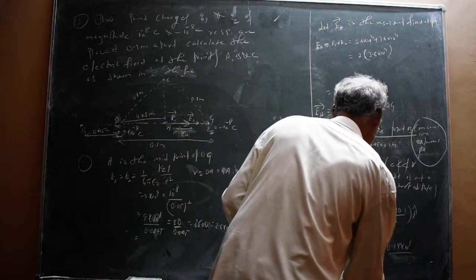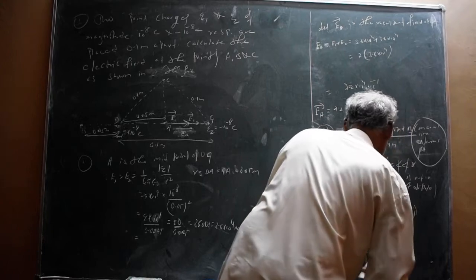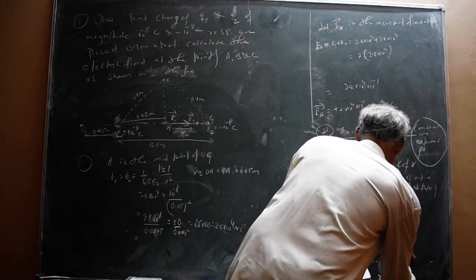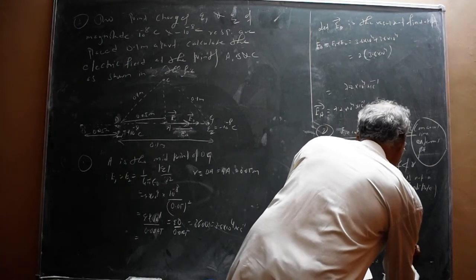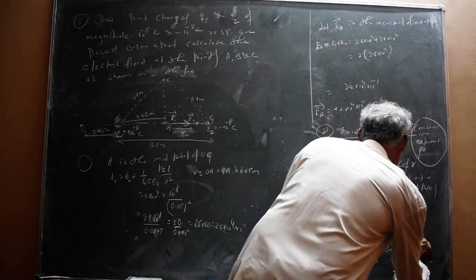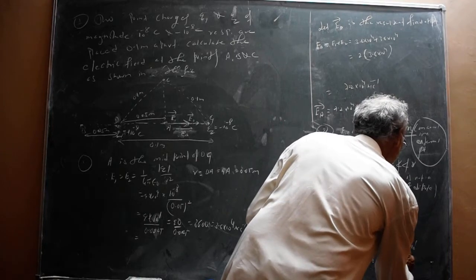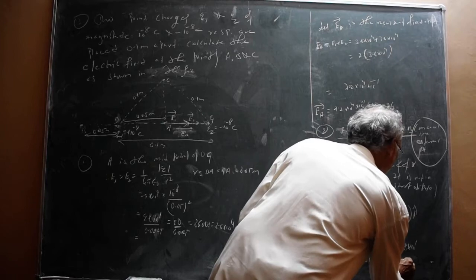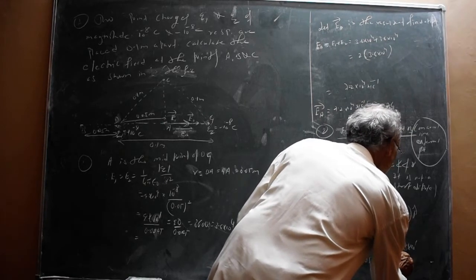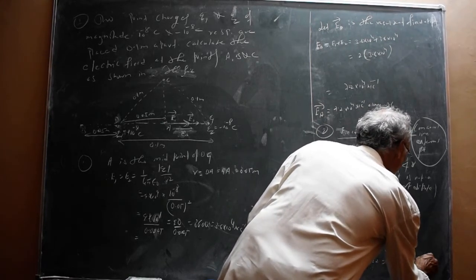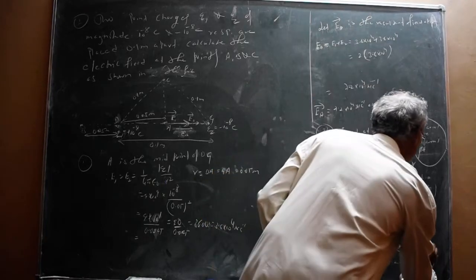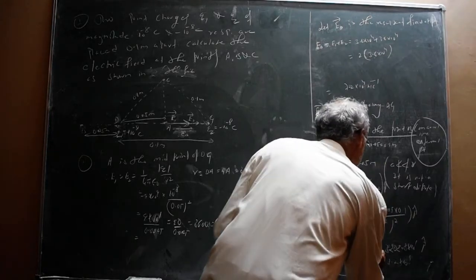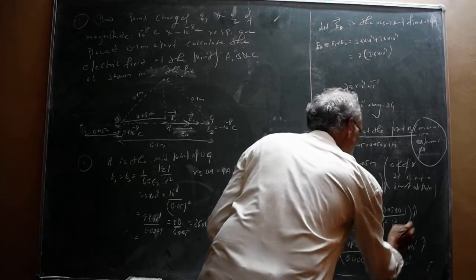The answer is 3202 into 10 to the power of 1. The point is shifted 1, 2, 3, which equals 3.2 into 10 to the power of 4. Direction should be given, P cap. This P cap is maintained as it is.